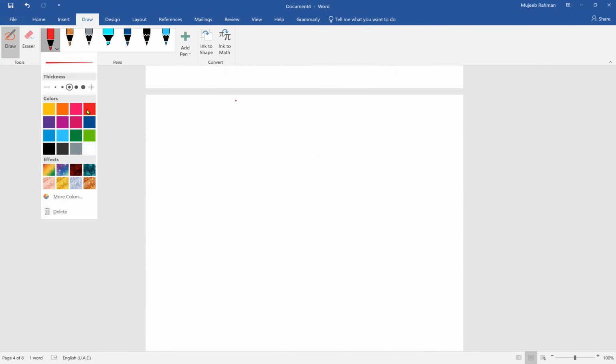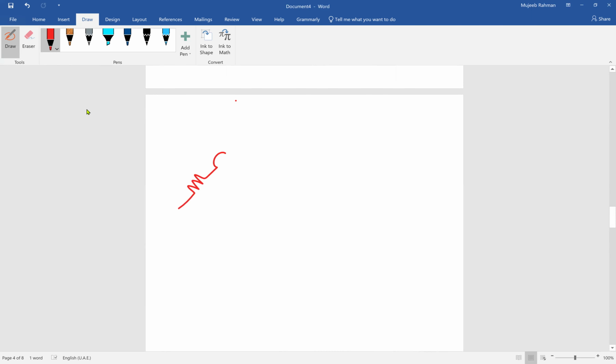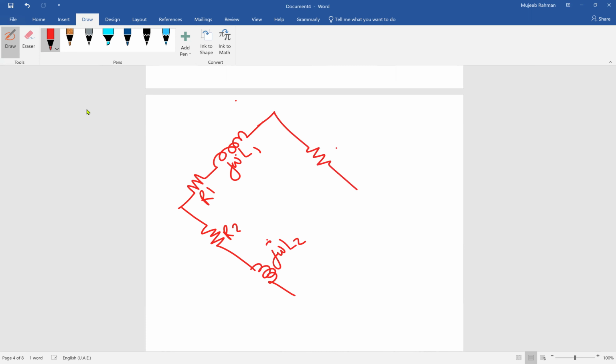So let me try to reproduce the same. This is going to be R1, j omega L1. We have R2, j omega L2. We have R3, we have R4. And the detector is connected here.